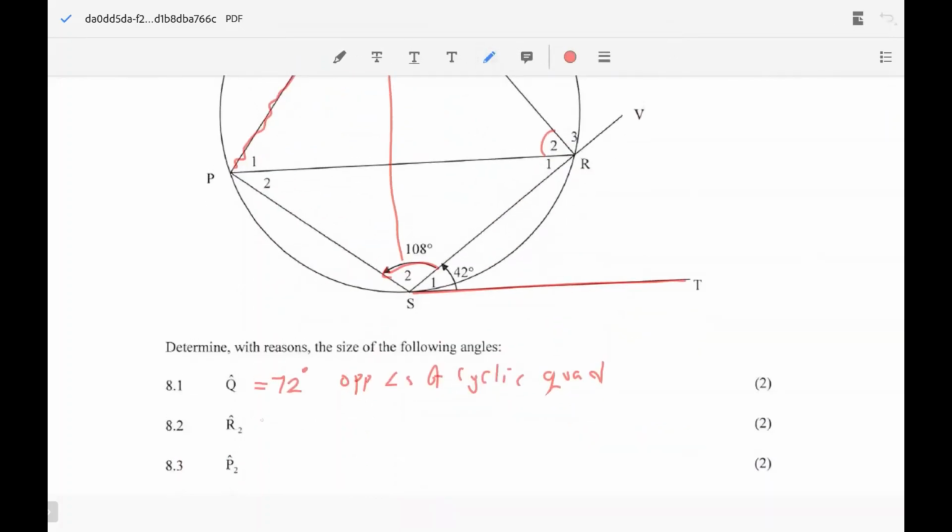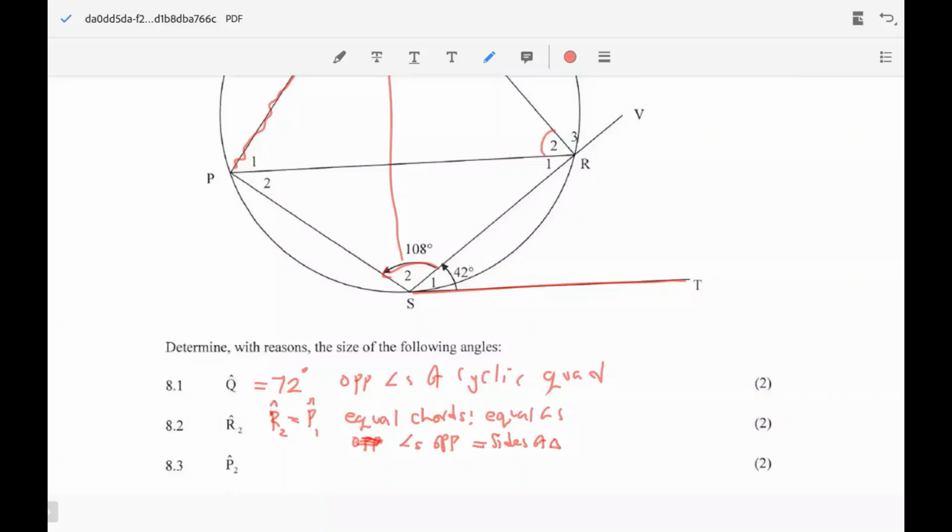We shall state that our angle R2 equals angle P1, and the reason is angles opposite equal sides, or you could say equal chords, equal angles, or you could say angles opposite equal sides, of course, of a triangle.